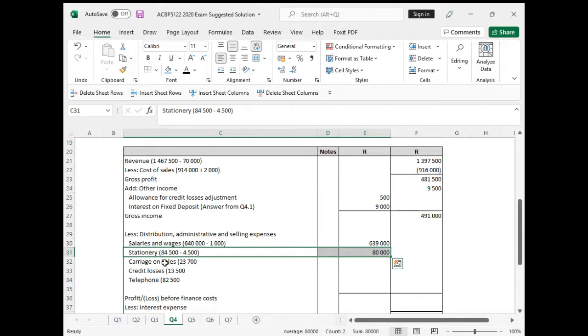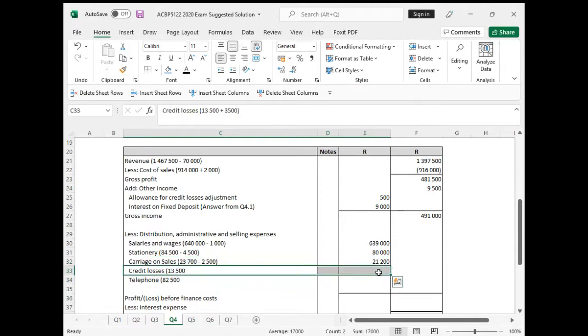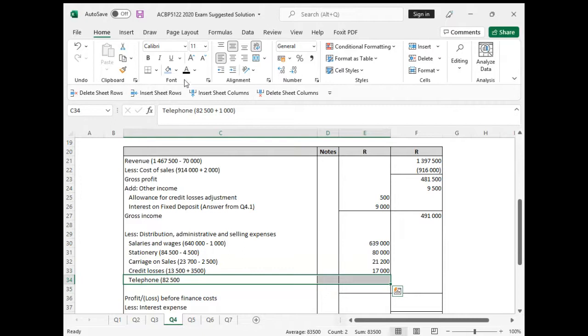And then carriage on sales had a portion that was prepaid, which we deduct as well, which was based on your journal entries at the top, the 2,500. Your credit losses had to be increased with 3,500, which was also based on one of your journal entries.